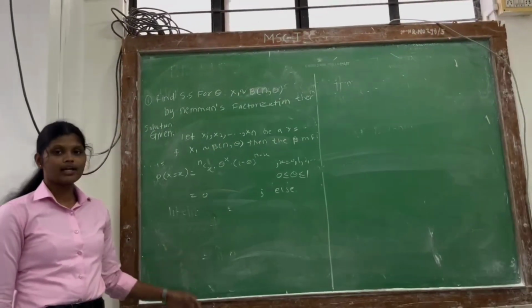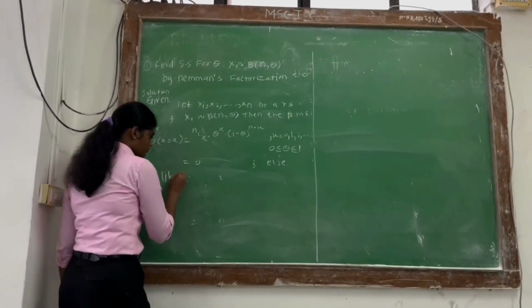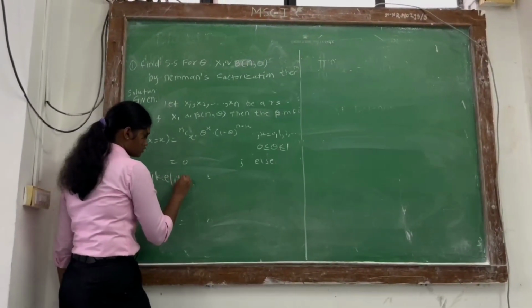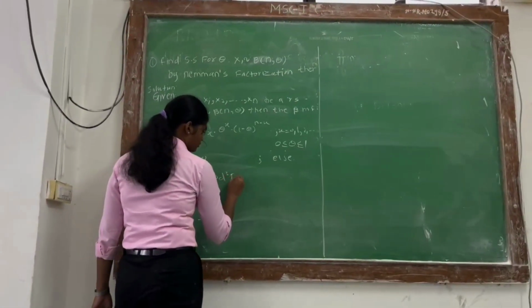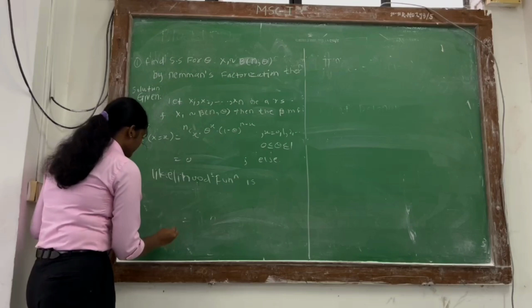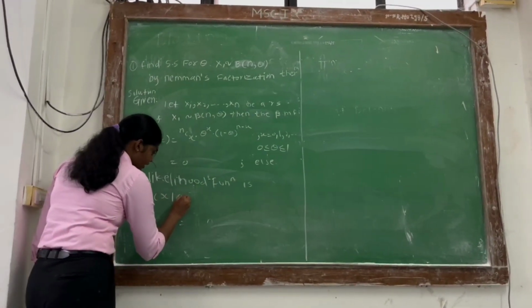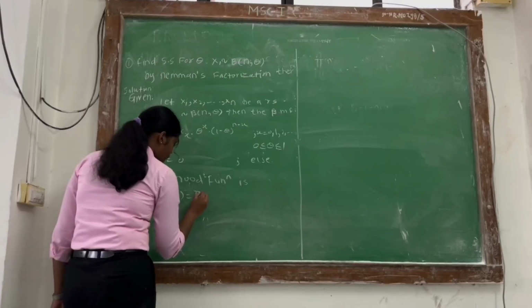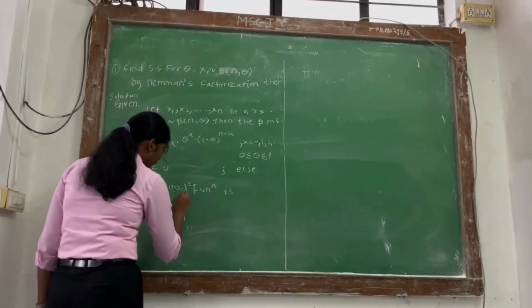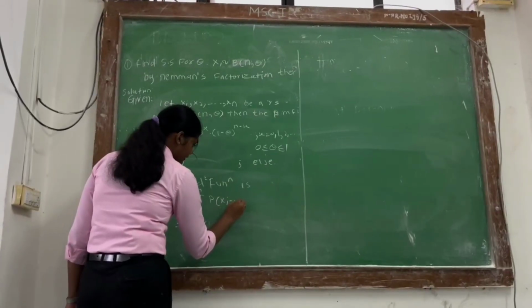Now we are going to take the likelihood function of the PMF. Likelihood is a product of PMFs. So L of x theta is equal to the product, i running from 1 up to n, of P of X is equal to xi.